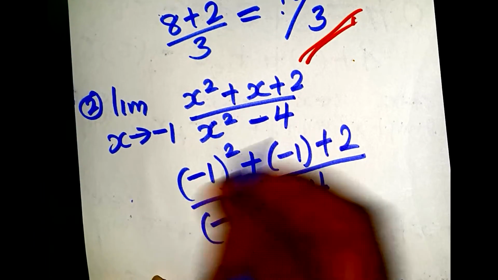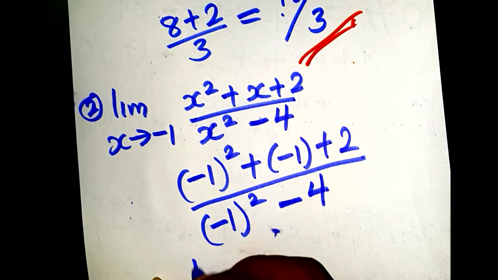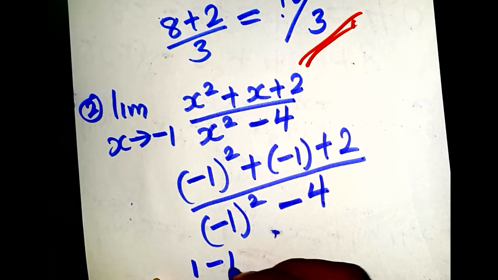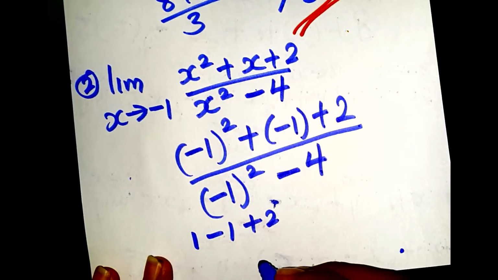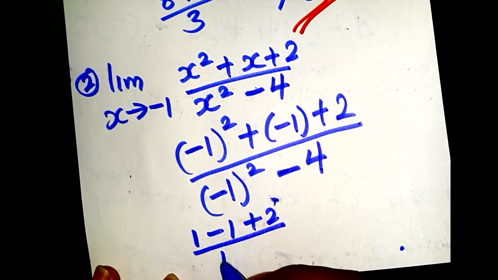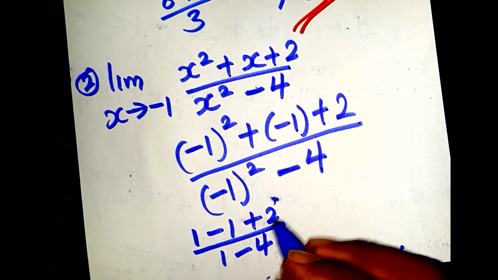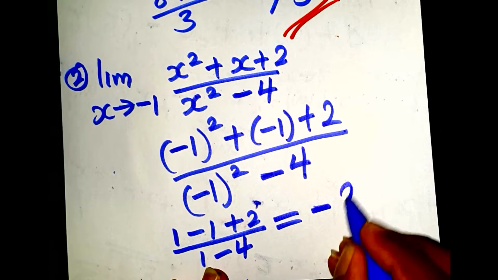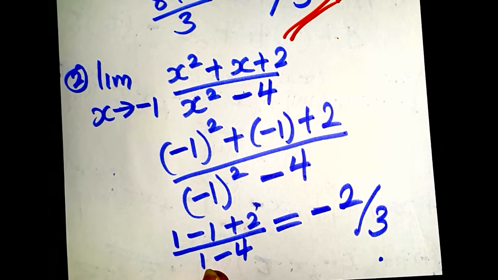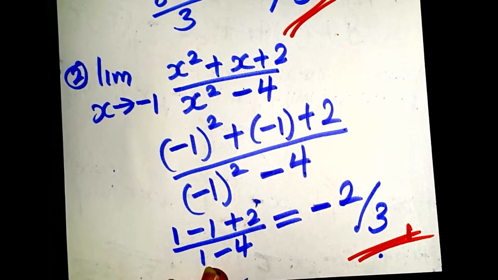Now this will give us 1 minus 1 plus 2 all over 1 minus 4. So our final answer will be minus 2 over 3. It's as simple as that.